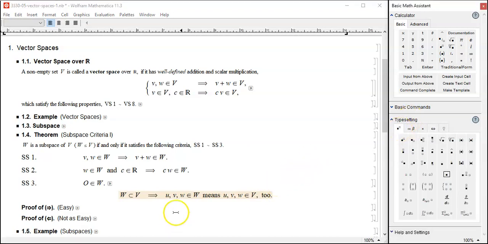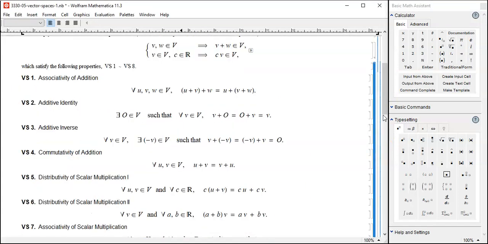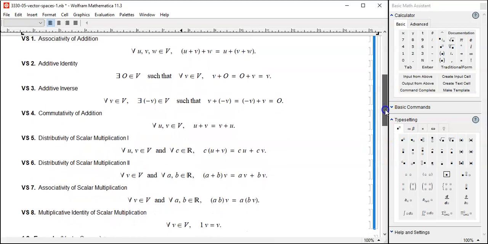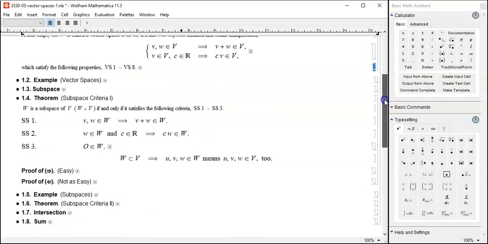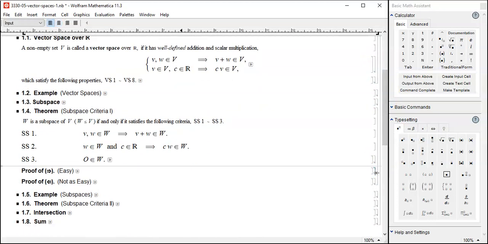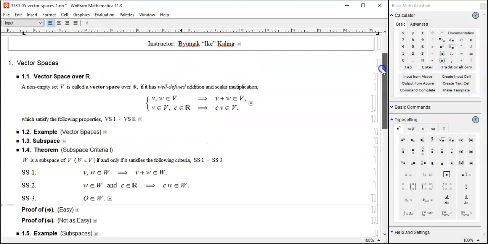You see, this is a bigger set, this is a superset. So what do you mean by that? If you just go over to these algebraic rules, select any vectors from W and put those here, because they are all members of V as well, all these follow immediately. There's nothing to prove. It's always the case, which means there's no reason to go through these VS1 to VS8 because they always hold. That's a complete waste of time.